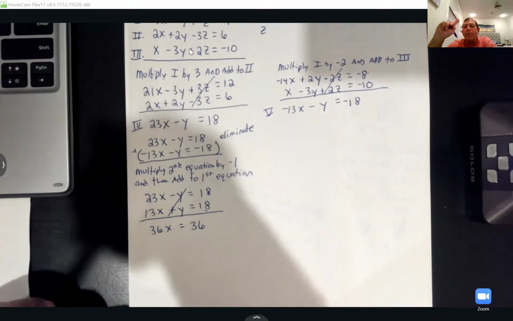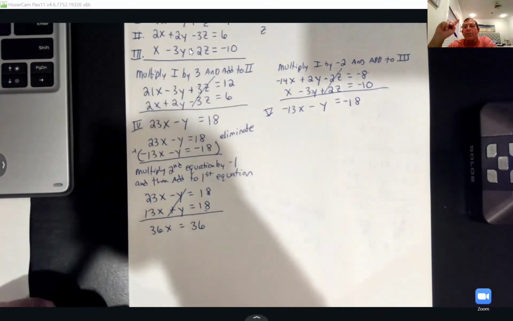So now I get to back substitute. Since I know the x is 1, I can use one of these two equations and solve it for the y. Once I know what the y is, I'll go up into one of the original 3 equations and get the z, okay? So remember, from here, I'm going to back substitute.